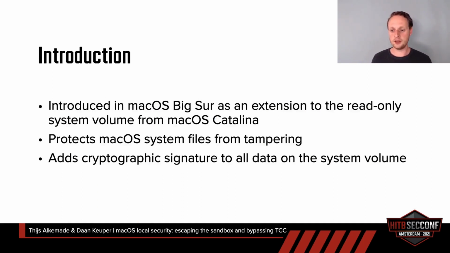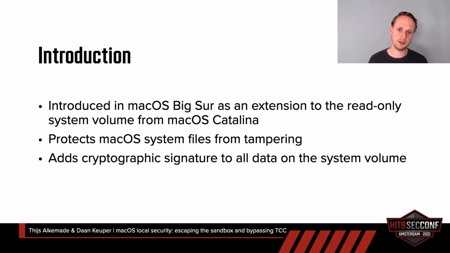So the read-only system volume was introduced in macOS Catalina, and it protects the macOS file system from tampering. Only in Catalina, if you had root privileges or kernel access, you could remount the system volume as writable, and you could still make changes to the core file system.